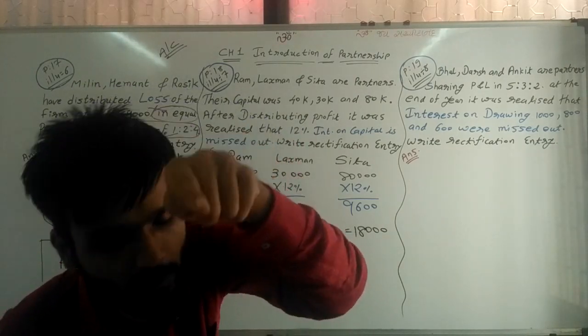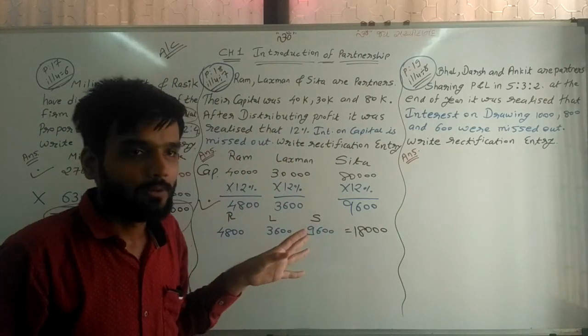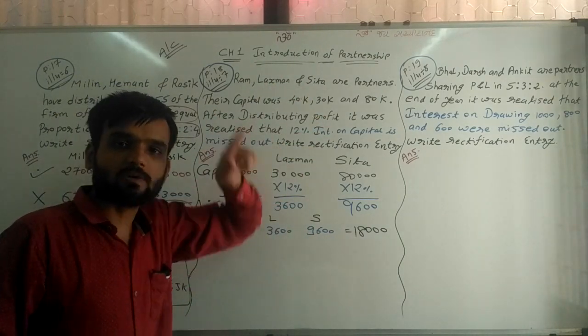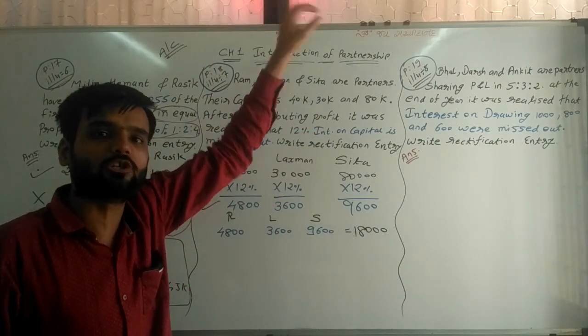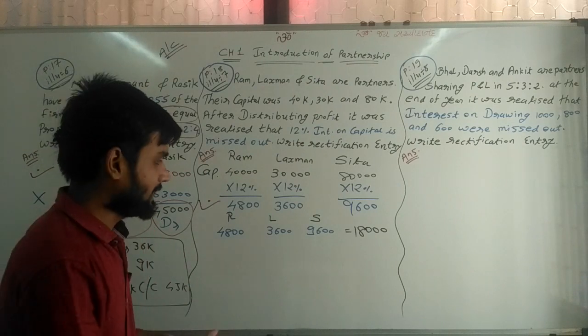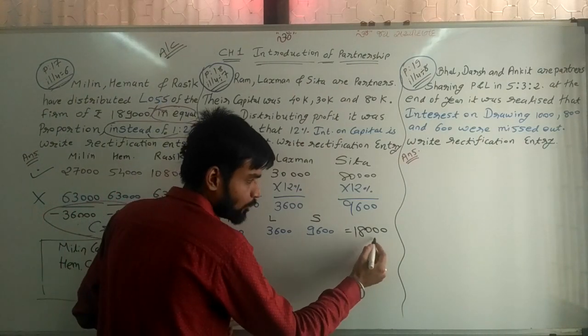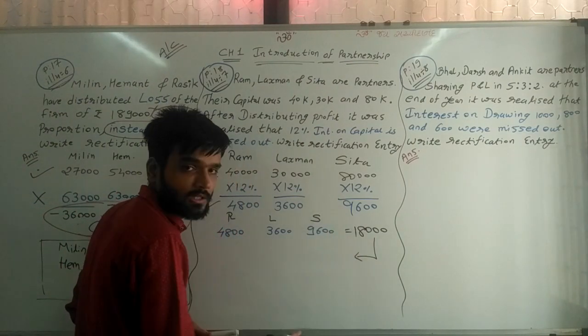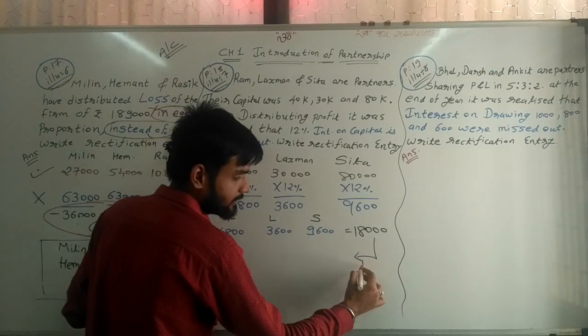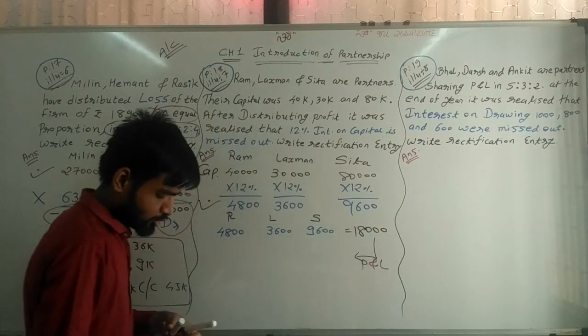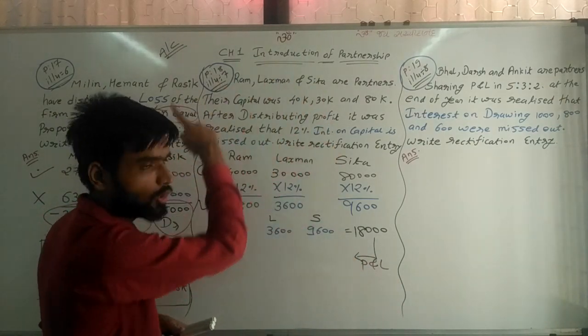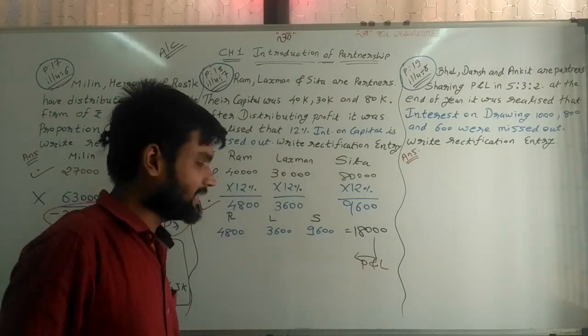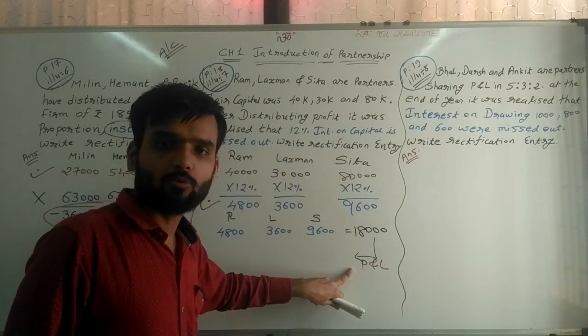But here the P&L ratio is not given, that's why as per the 1932 Act we have to take equal proportion.